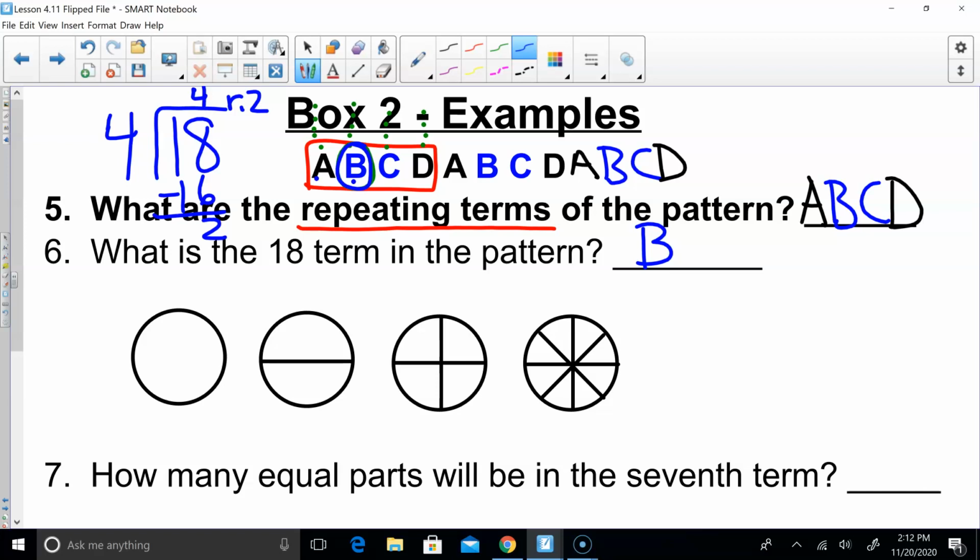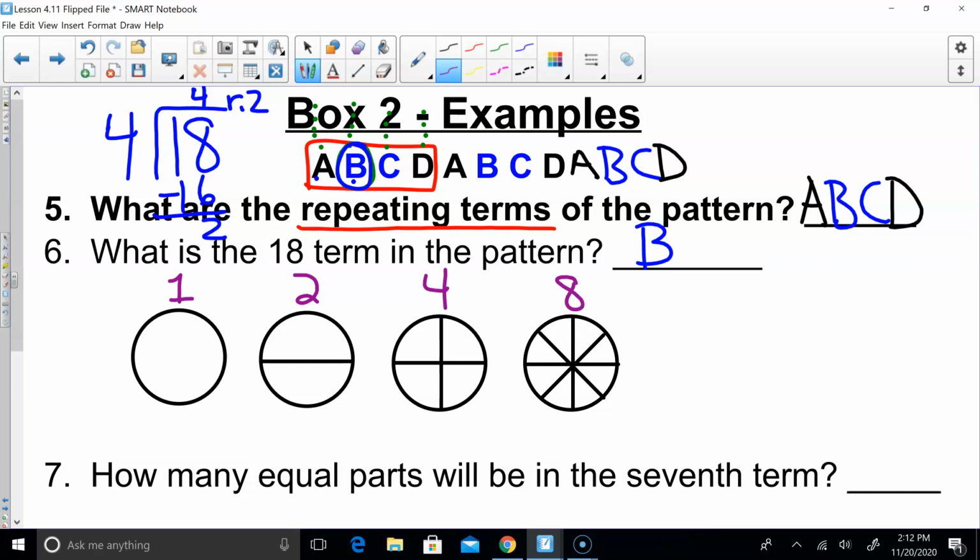So now I have these circles right now. It says, how many equal parts will there be in the 7th term? So notice there's 1 part, now there's 2, right? So if I start to write these numbers down to help me out, now I see 1, now I see 2, now I see 4, now I see 8. So it looks like we're just multiplying every number by 2.